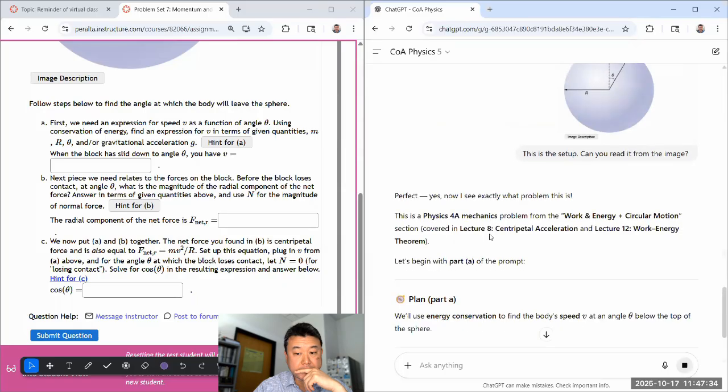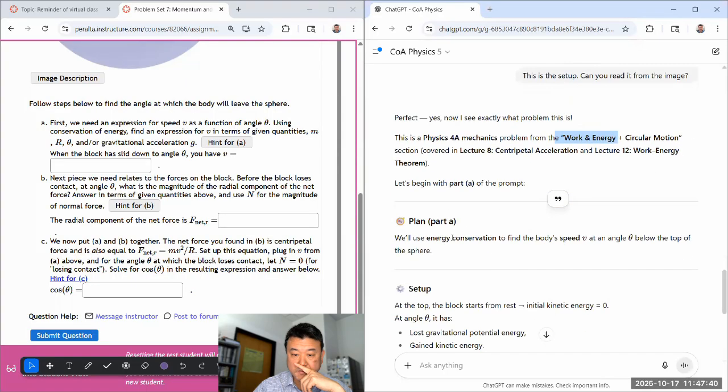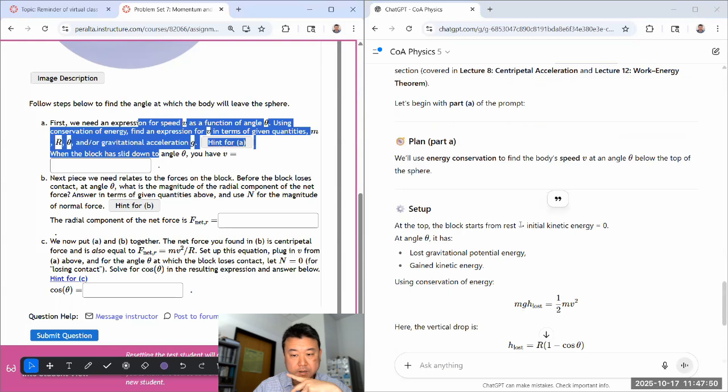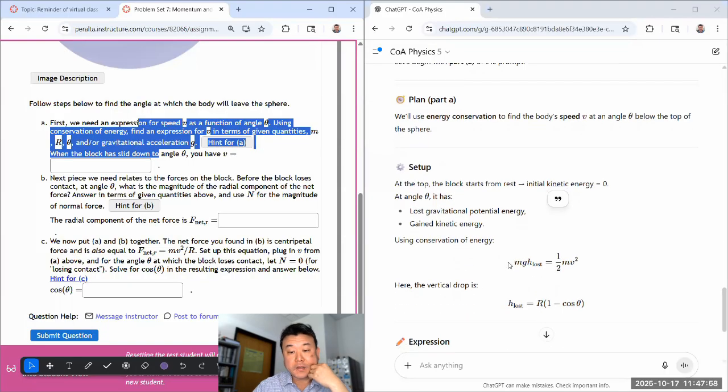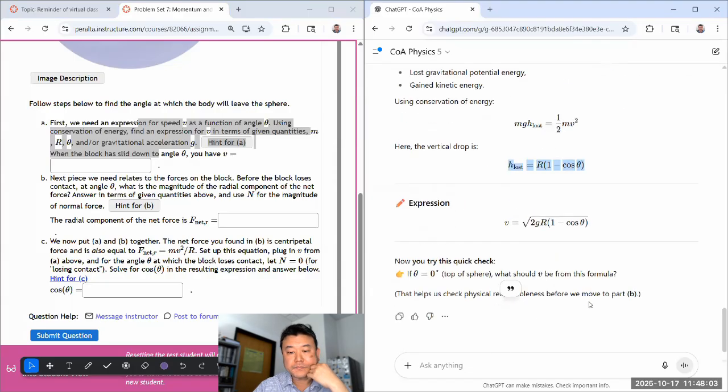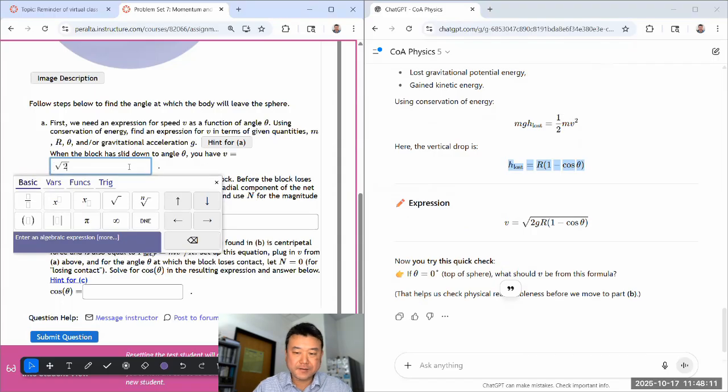Now it gets it to work and energy. Okay. Energy conservation to find the speed at the top. That's okay. At the top it starts from rest, 0 kinetic energy at angle theta. It has lost potential energy and gained kinetic energy. Yeah, this much is fine, but it's still doing the thing that I don't want it to do. I don't know.